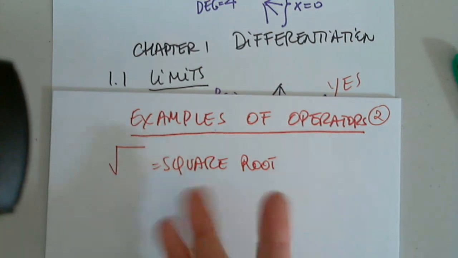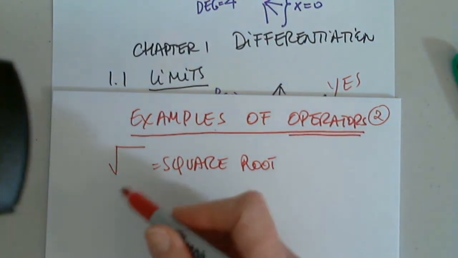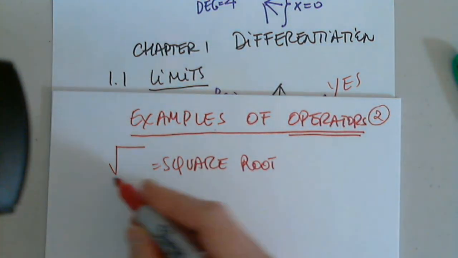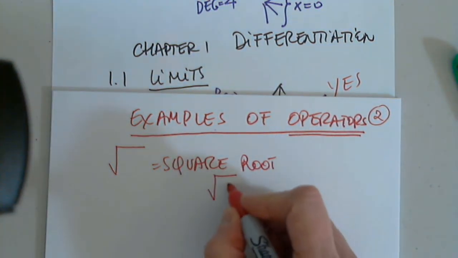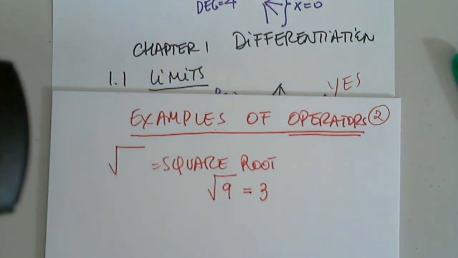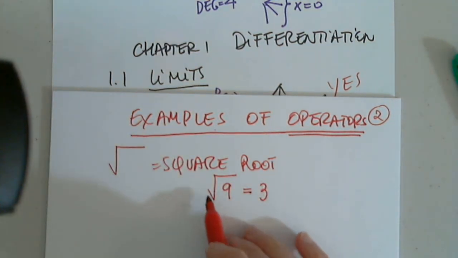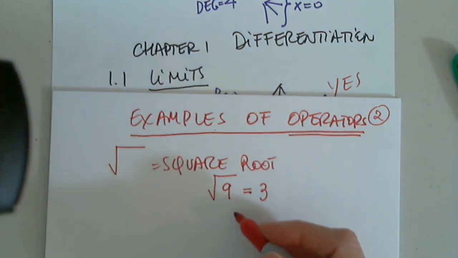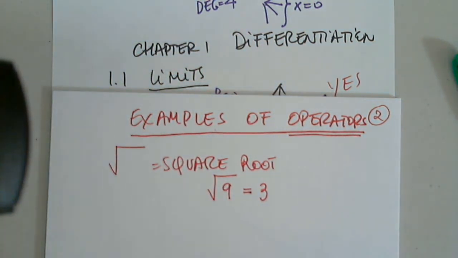What is an operator? It does something to a function or to a variable. What does it do? The square root of 9 equals 3. It applies a mechanism, an operation. An operator is applied to 9, and the answer is 3. What is the operator? The square root.